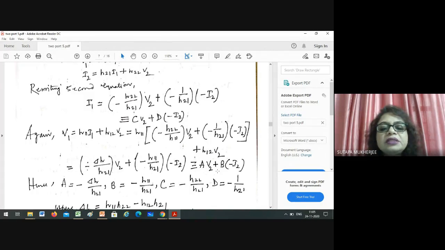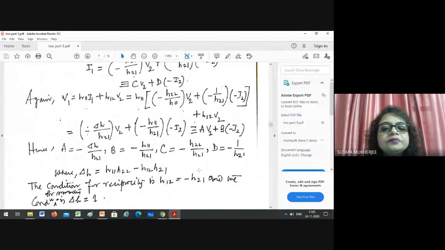So if you compare these two equations, A equals minus delta H by H21, and B equals minus H11 by H21, right?